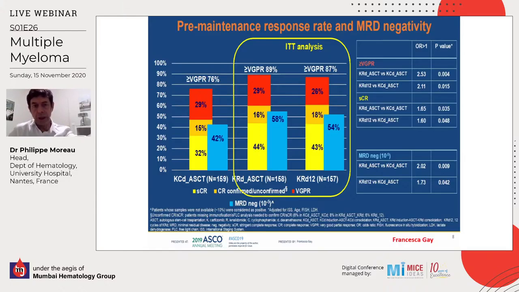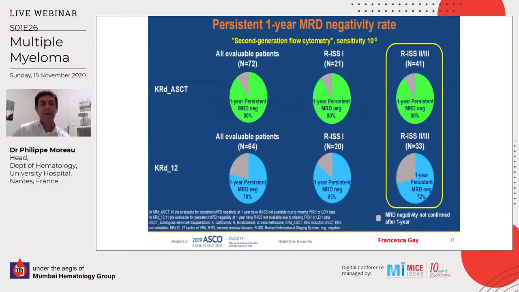But they looked subsequently, 1 year later, at MRD negativity. And what is the outcome, in fact, of the patients? You see here patients treated with KRD plus autologous stem cell transplantation in green and KRD alone in blue. And 1 year apart, you see that there is a difference when looking at MRD negativity confirmed after 1 year.